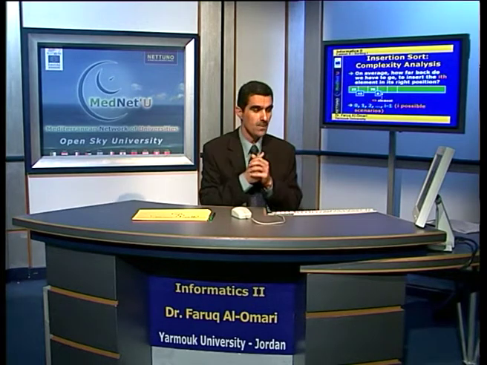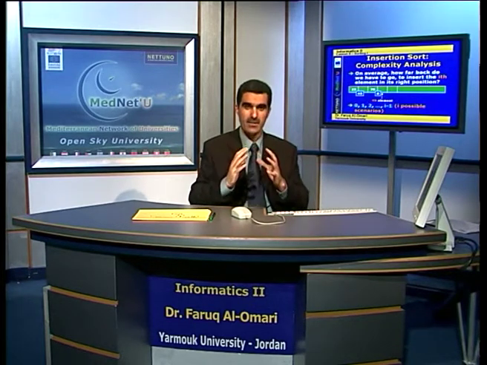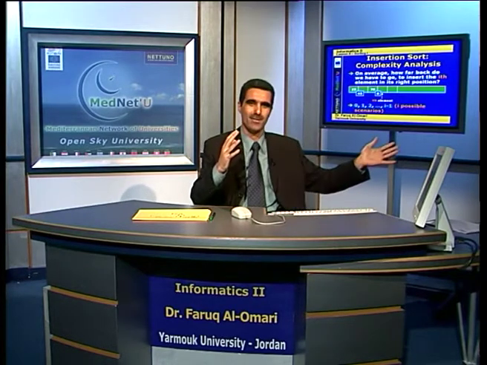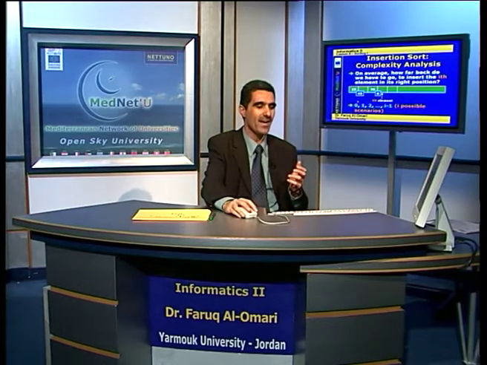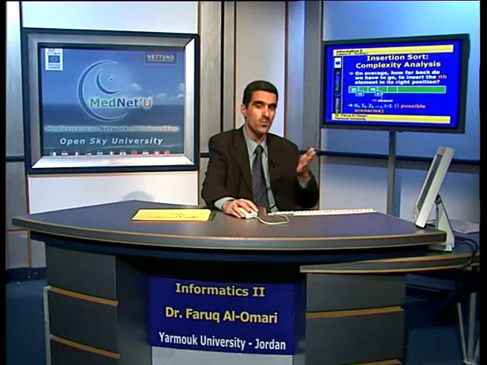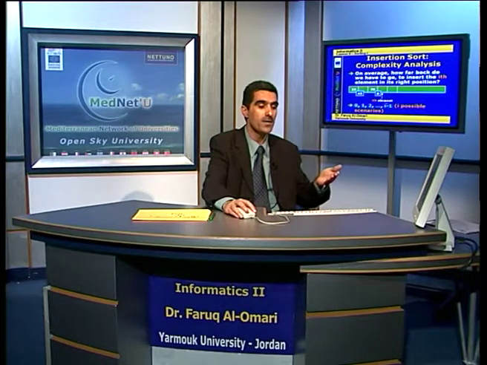The element in hand could be the biggest as compared to the sorted elements. In that case, I'm not going to go back at all. Or I could go back one step, two steps, all right? Or at most, this is the ith element, remember? So I could go back to insert it in the first place because it happens to be the smallest. In that case, I went back i minus 1 positions.